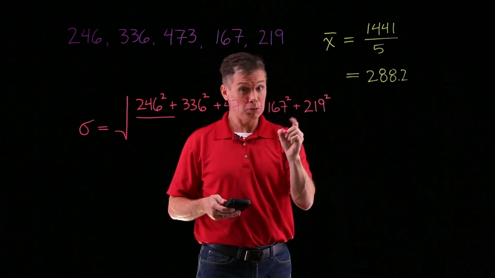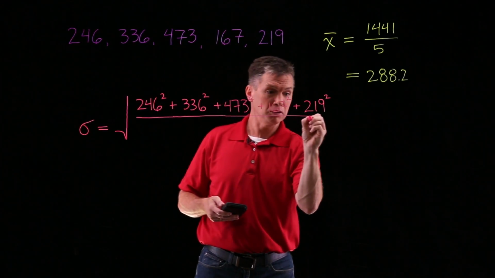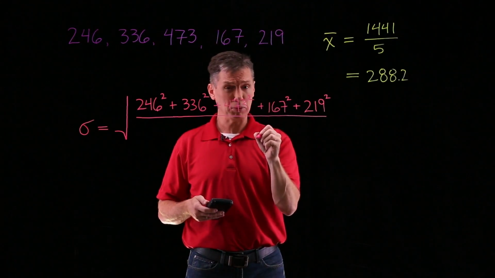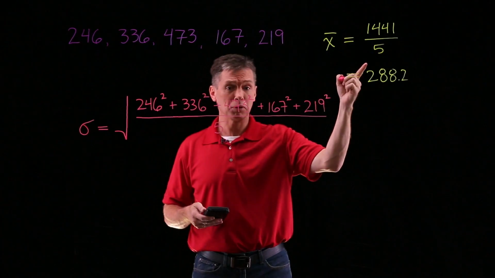That's all in the numerator of this fraction. In the denominator is just that number of data points again. So that's our 5, just like we divided by 5 up with our mean.